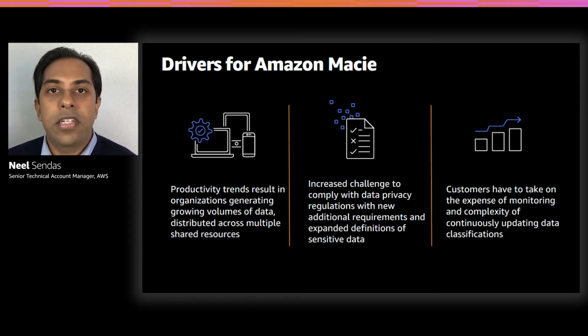As organizations are enabling their customers and their businesses to be more productive, they continue to generate growing volumes of data. And then it has become increasingly difficult, expensive, and time-consuming for security teams to identify and monitor how their business-critical data is being shared and accessed.